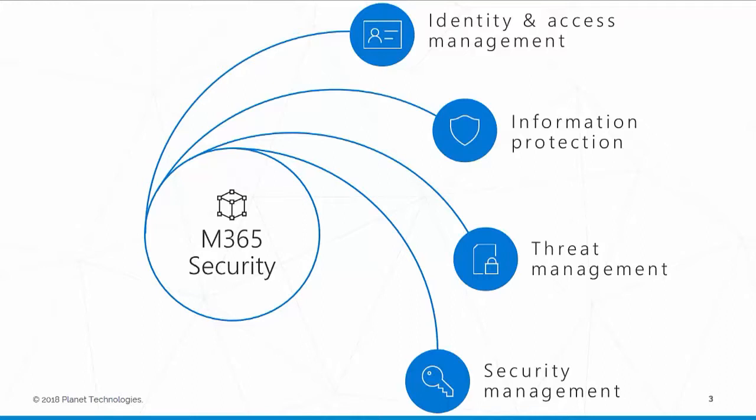The next part is threat management, understanding what the threats are, managing those threats, and protecting your information, your systems from an awareness perspective. And the final pillar is security management. Security management is all about what tools you have available to you, how do you manage and have the visibility into your services and your systems and your users and everything else in between.